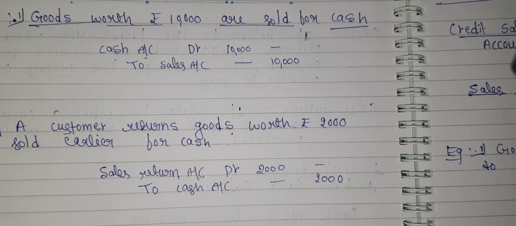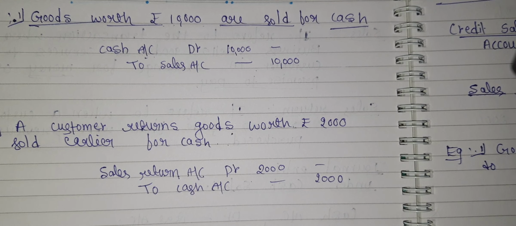We credit the cash account, because cash goes out. So the entry is sales return account debtor to cash account.